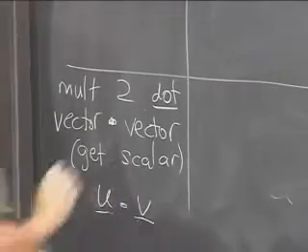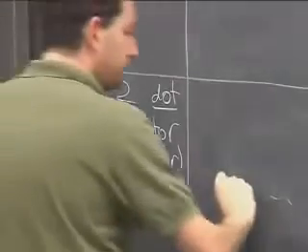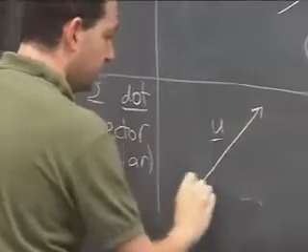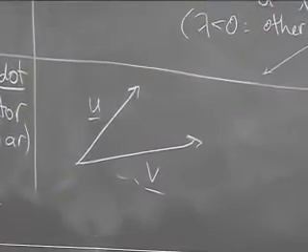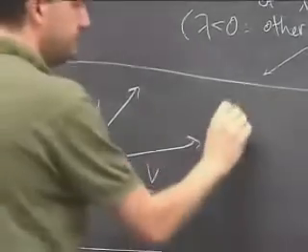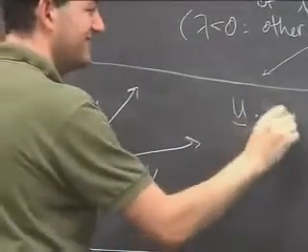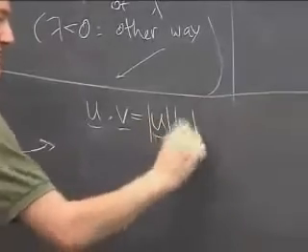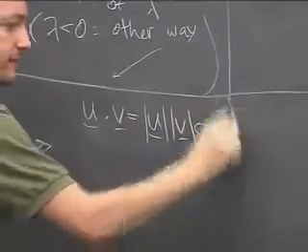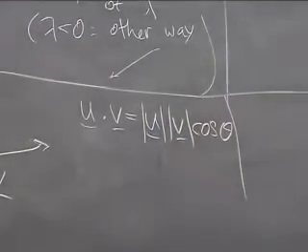The geometry of the situation, here's your u, here's your v. If you do u dot v, so this is the length of u times the length of v times the cosine of the angle in between them.